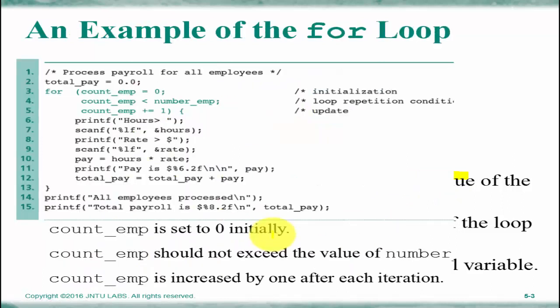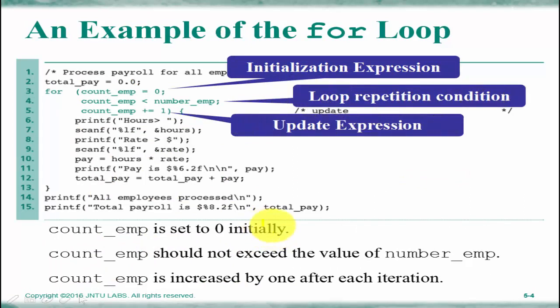So next is an example. Let us see. Here I have initialized total pay as 0.00, which is a floating value. Then the initialization is count of employee equals 0. Then the condition: the count of employee should be less than the employee number.